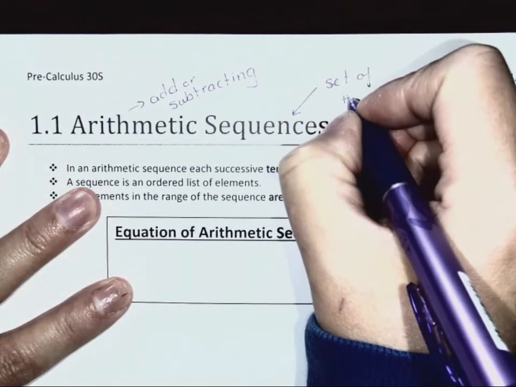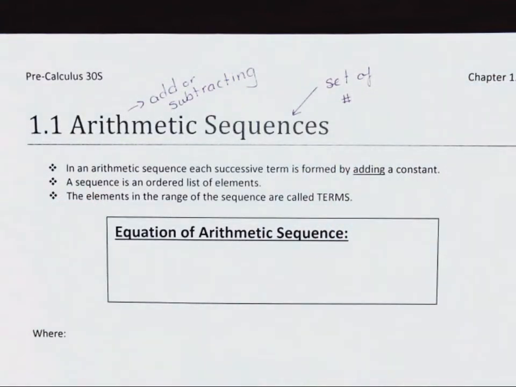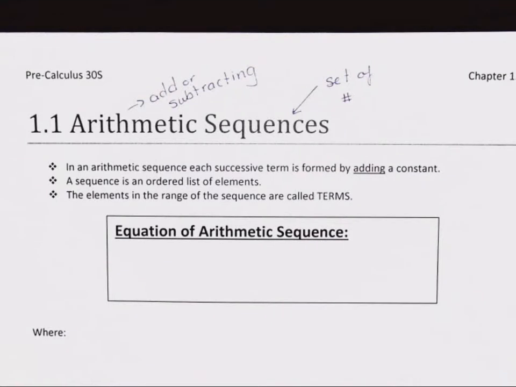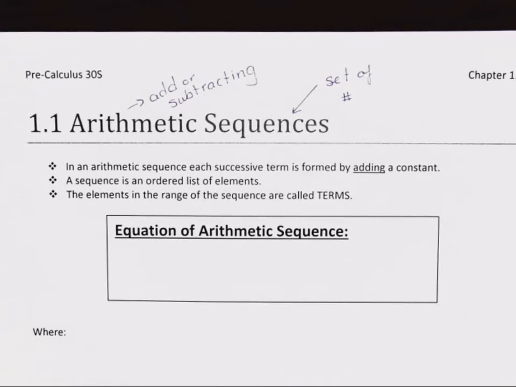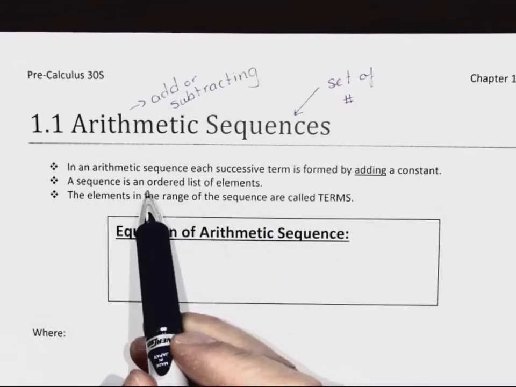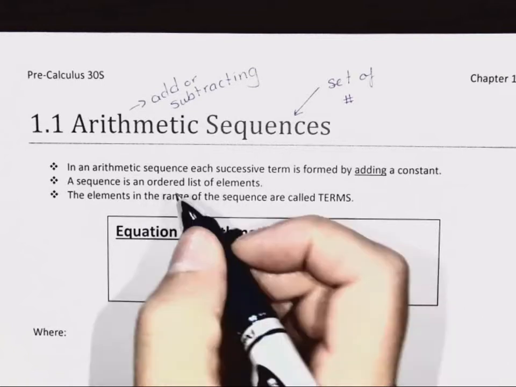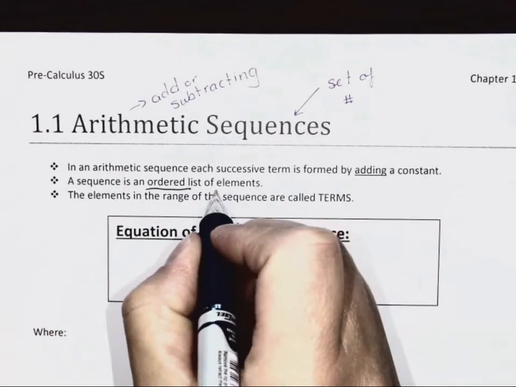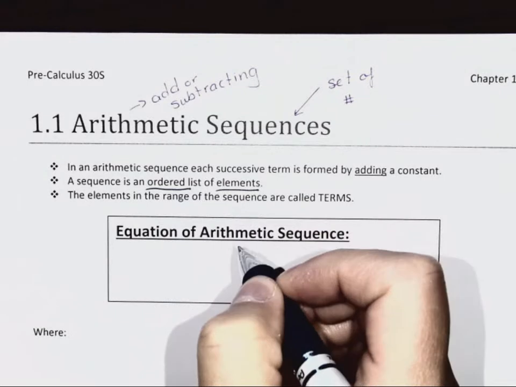So we know that we can get all kinds of sets of numbers, all kinds of different numbers. But the reason why they're special is because we're going to add or subtract something to get to the next number in the set or the sequence. Okay, it's an ordered list of elements. They go in order. Order is really important. Elements are just the numbers in the set.